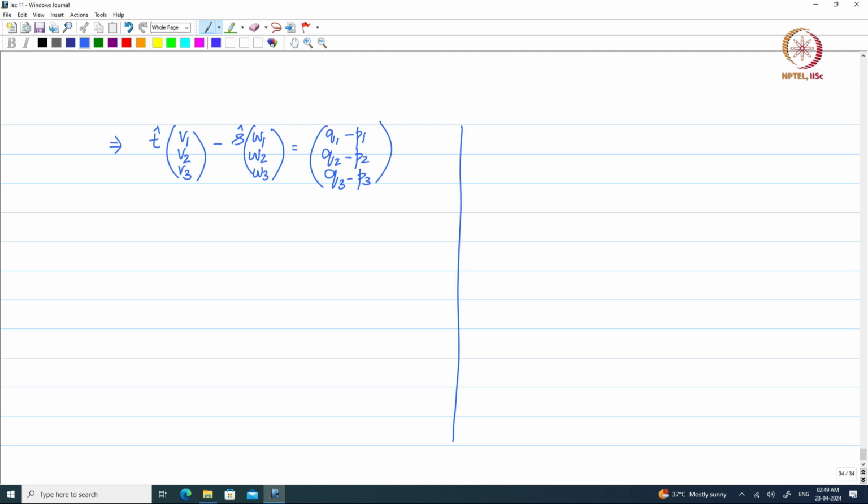Now, it is interesting that we have two unknowns, namely t hat and s hat, but we have 3 equations. So, this basically becomes an overdetermined system.